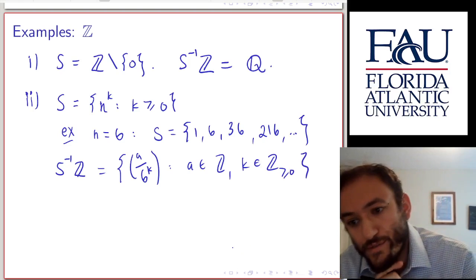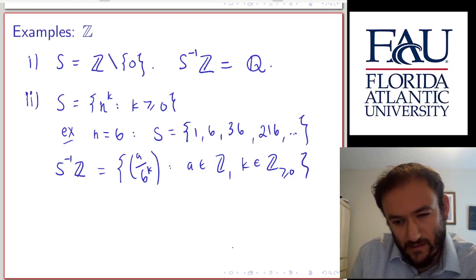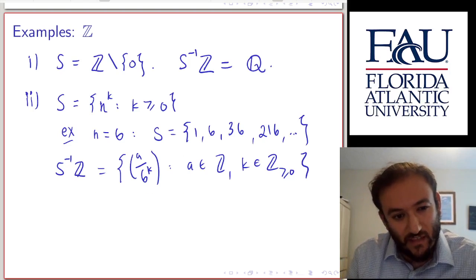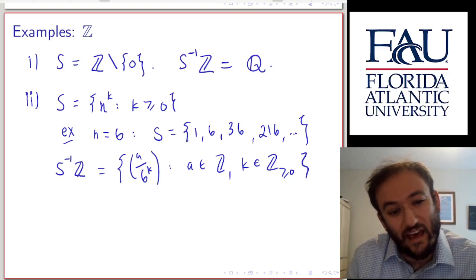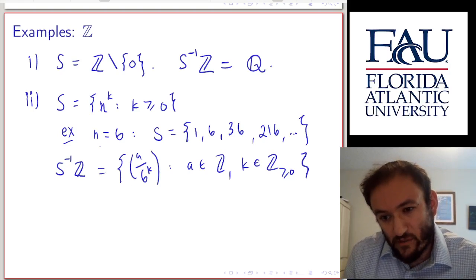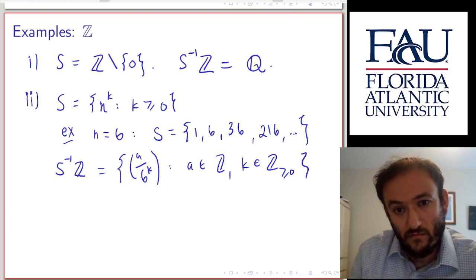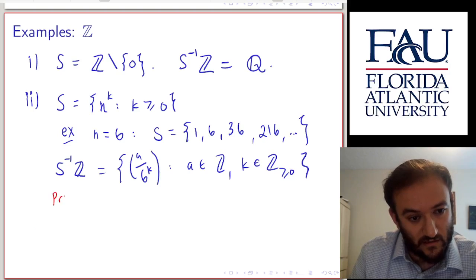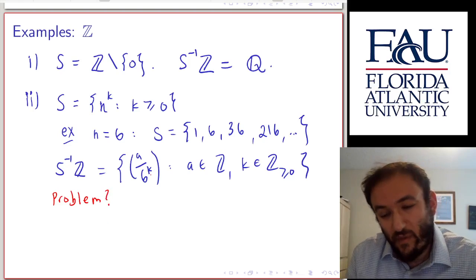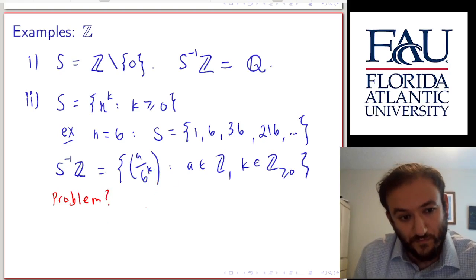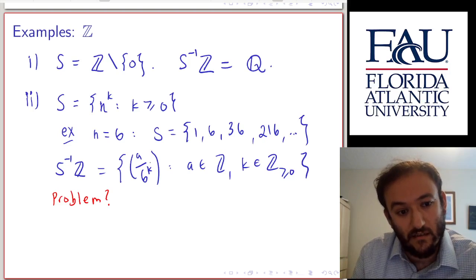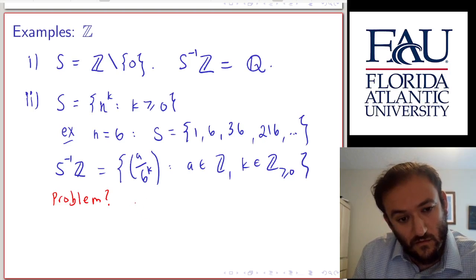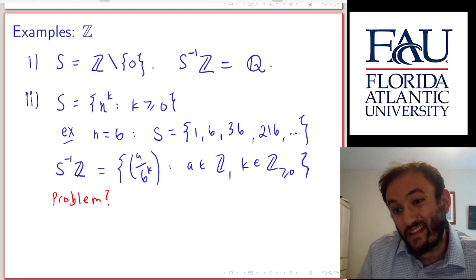Okay, so you might look at this and get a little bothered by the fact that we're demanding powers of 6 in the denominator. So let's mark this specifically. We have powers of 6 in the denominator, but what if we had something like 2 in the numerator?